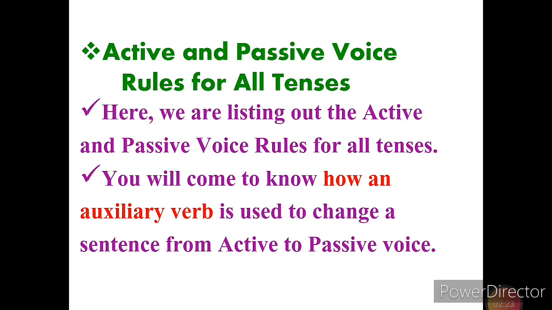Here we are listing out the active and passive rules for all tenses. You will come to know how an auxiliary verb is used to change a sentence from active to passive. So here we can find that an auxiliary verb also takes an important role in changing an active sentence into a passive sentence.